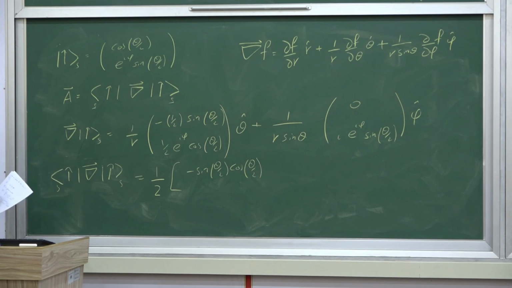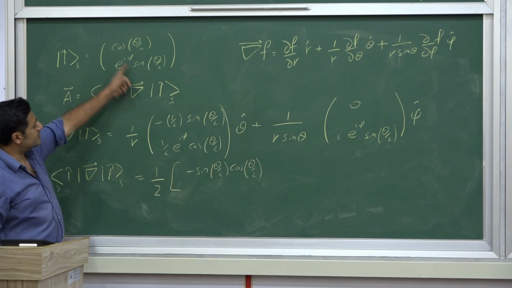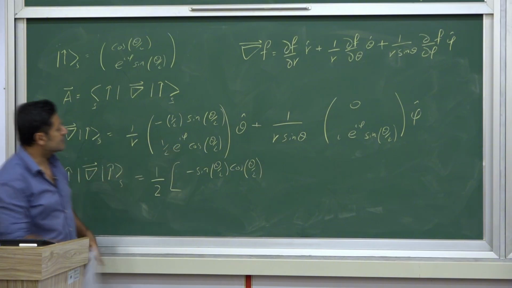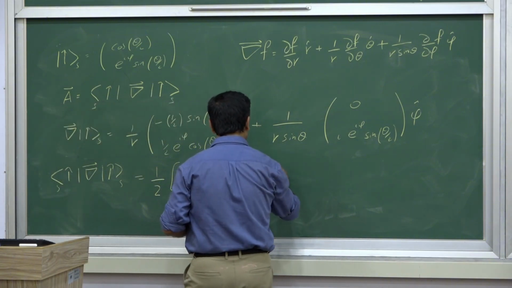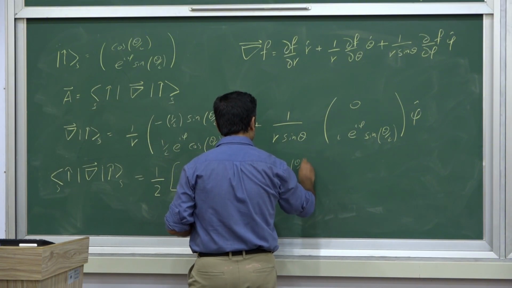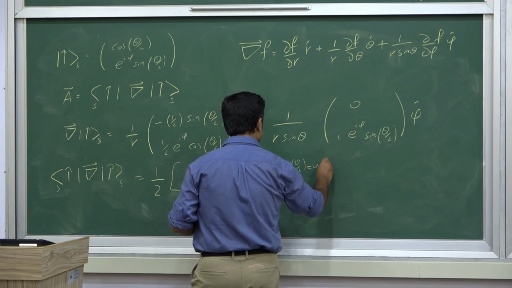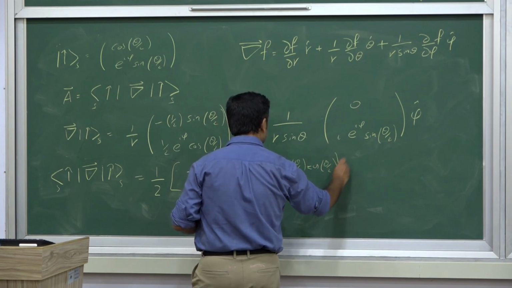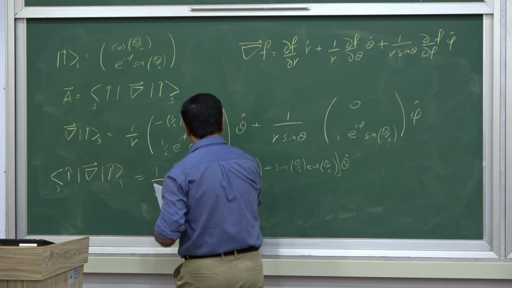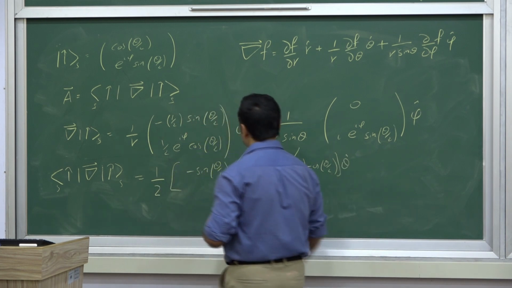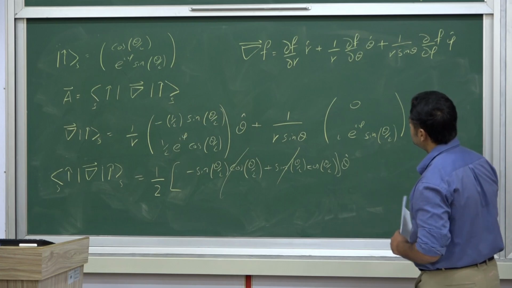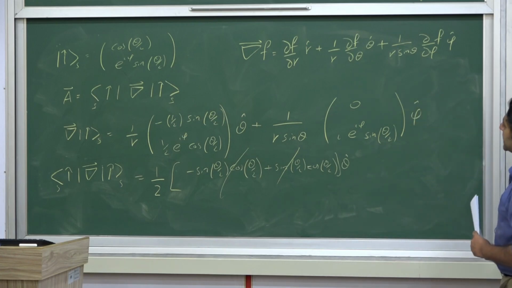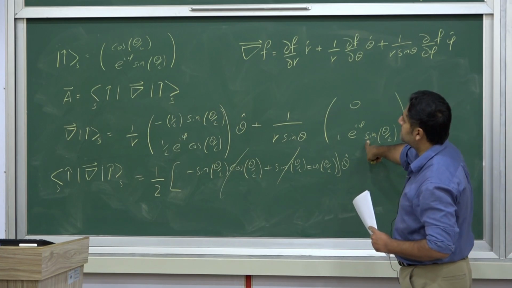and when I do this, the complex conjugation gets rid of this, and I get plus, so this whole thing cancels, and it's only this term which is important.